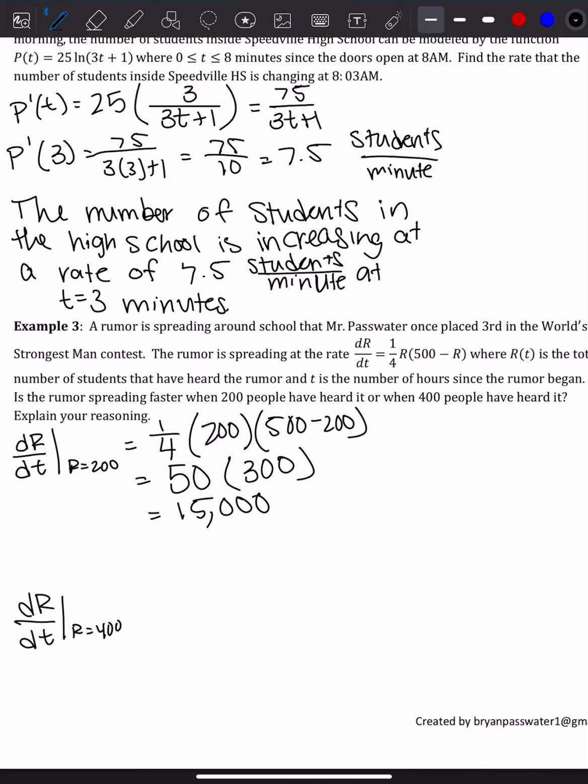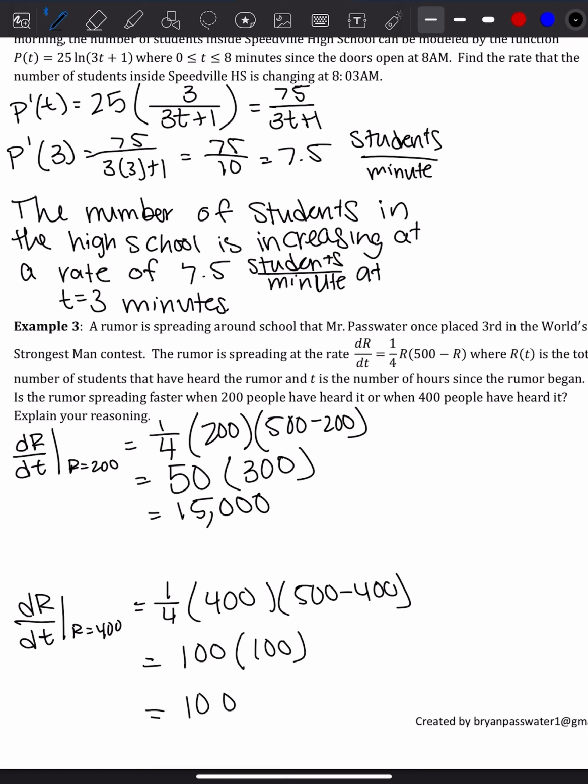So when 200 people have heard the rumor, it is increasing at a rate of 15,000 people per hour. On the other hand, if 400 people know, we have 100 times 100. So we have 10,000 people per hour.